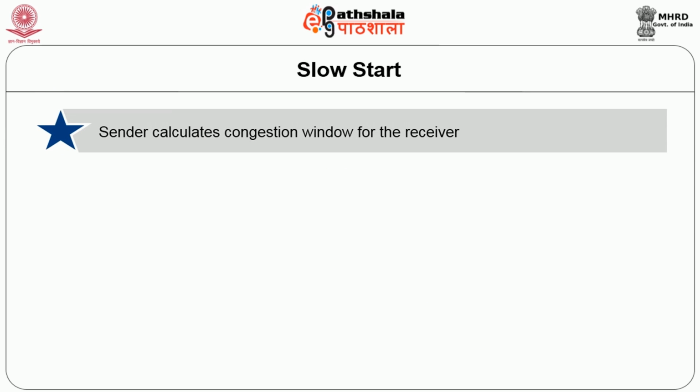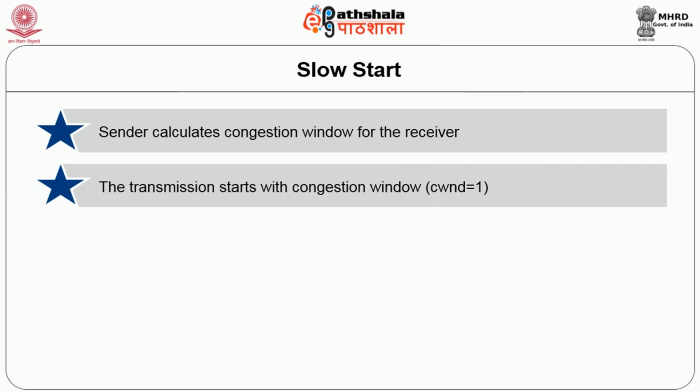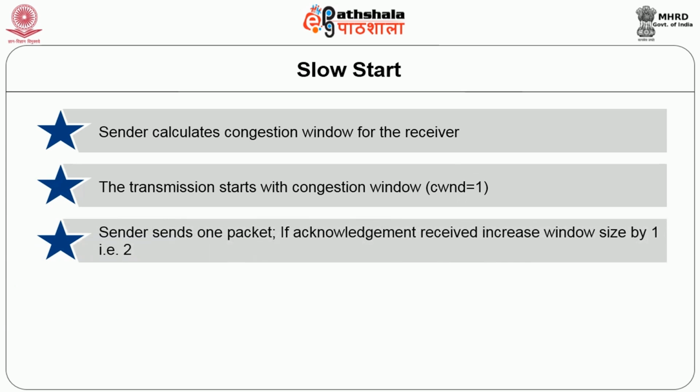What is meant by slow start? Slow start works as follows. As we said, the number of packets sent depends on the congestion window size. To start with, the transmission starts with a congestion window size equal to 1. So one packet is sent with the congestion window size equal to 1.